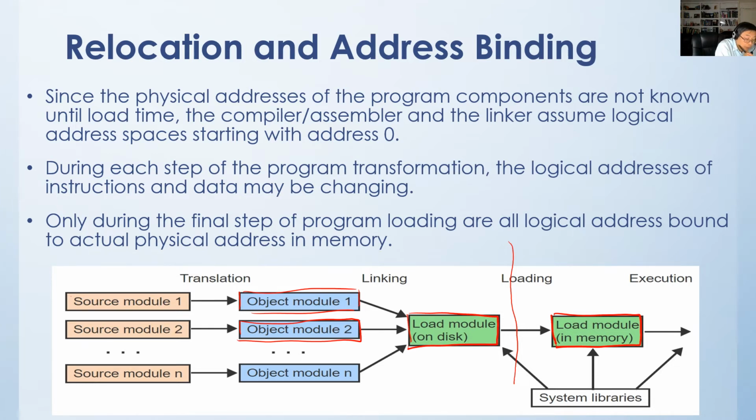So there should be only one memory address 0. You cannot have multiple memory addresses 0, right? Only during the final step of program loading are all logical addresses bound to actual physical addresses in memory.